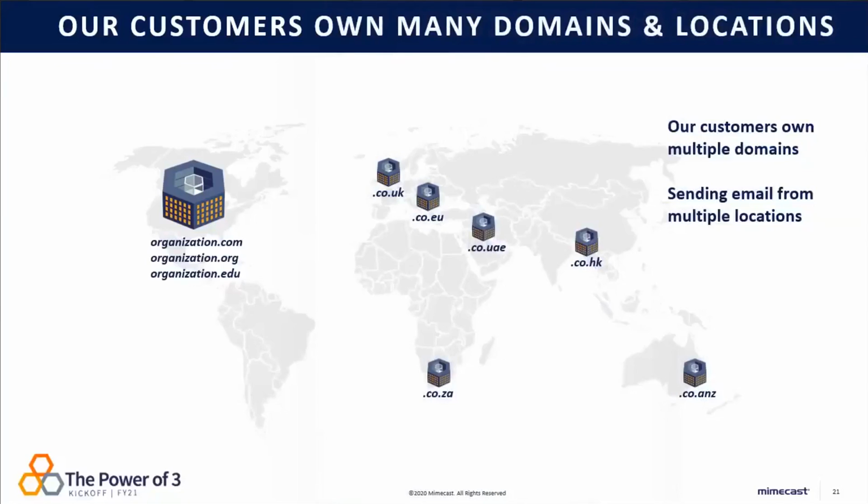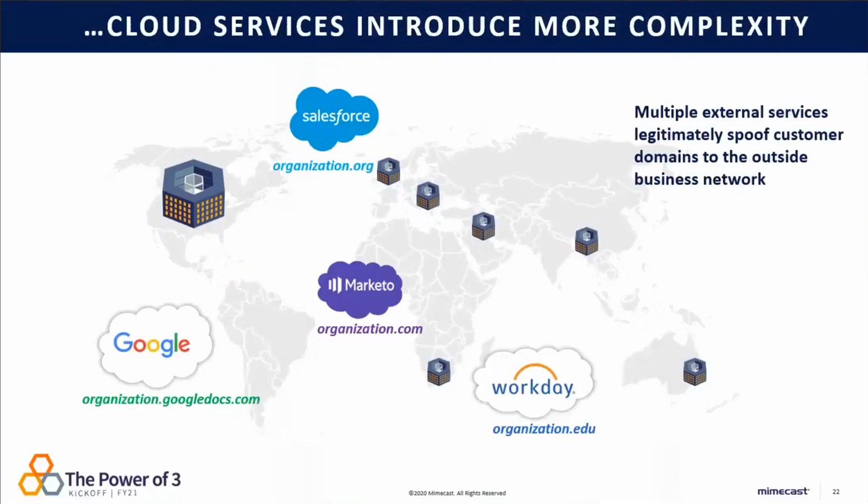Now, as I mentioned, your customers may have many different domains, many different locations, right? From UK, Europe, UAE, Hong Kong, South Africa, across the world. And your customers are sending emails from these multiple locations. Plus, on top of that, you have the added complexity of these different services, like Salesforce, like Workday, like Marketo, that are using your brand to send campaign emails across to your customer base, to your employee base.